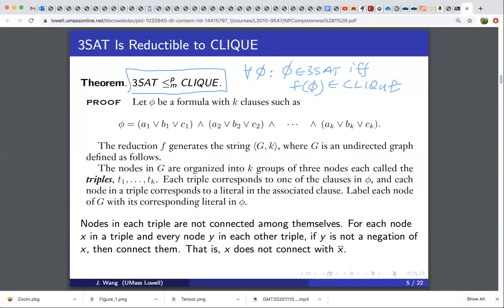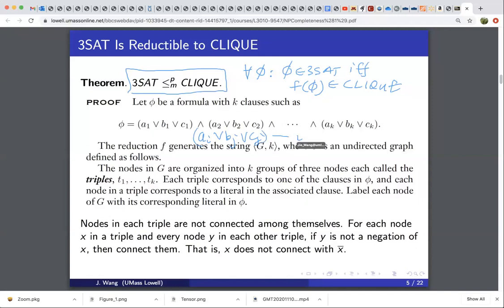So now we take a general form of this Boolean formula phi. Each clause has 3 literals, so we can write the ith clause as AI or BI or CI.